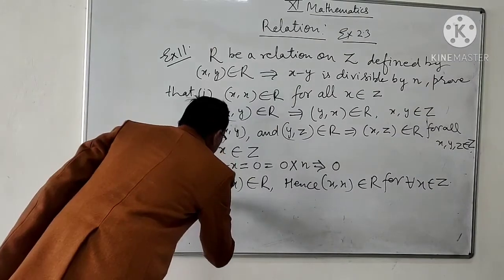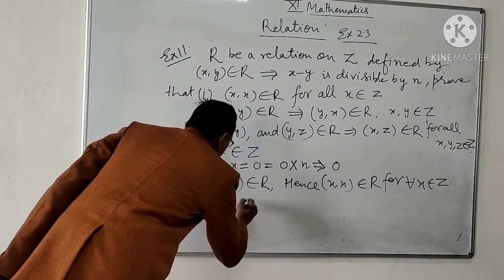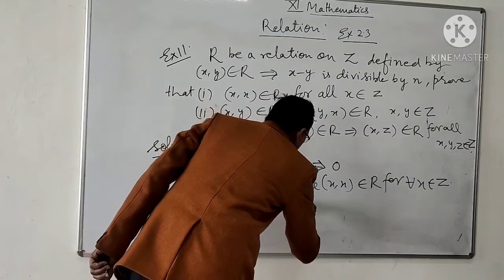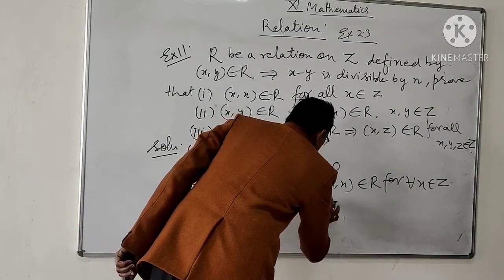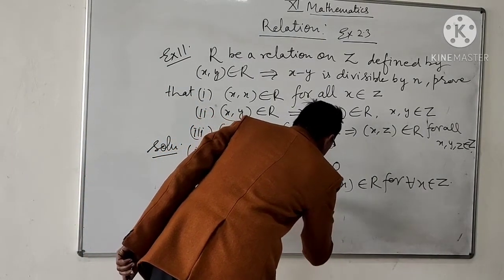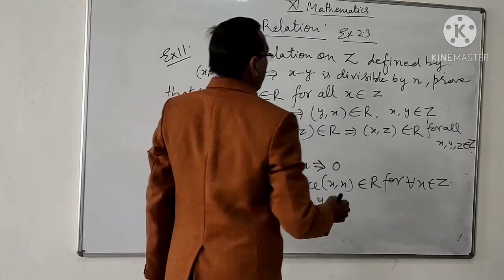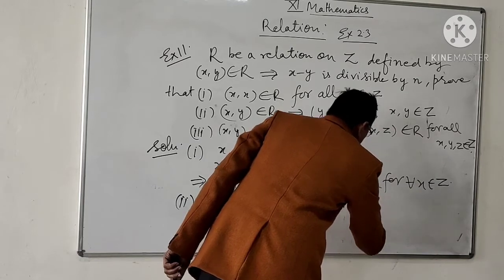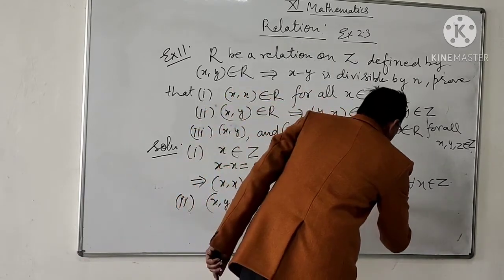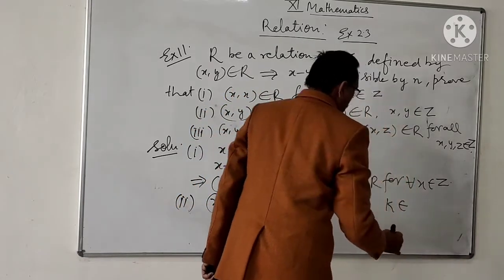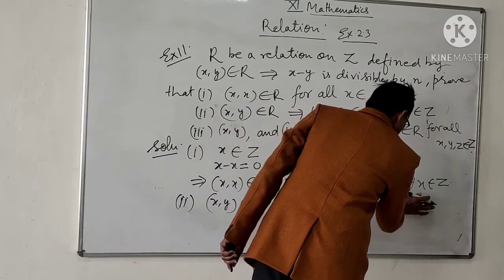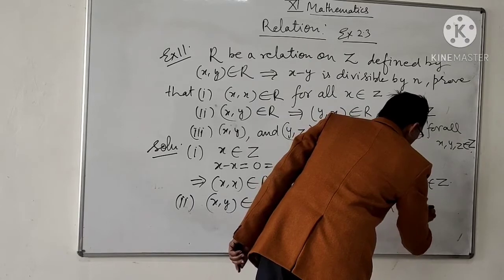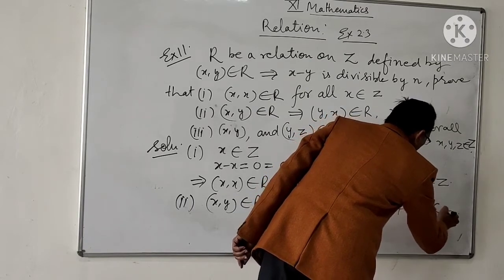Second part: (x, y) belongs to R. This implies that x minus y is divisible by n, means n into some constant k, where k is a non-zero whole number, and k is an integer.